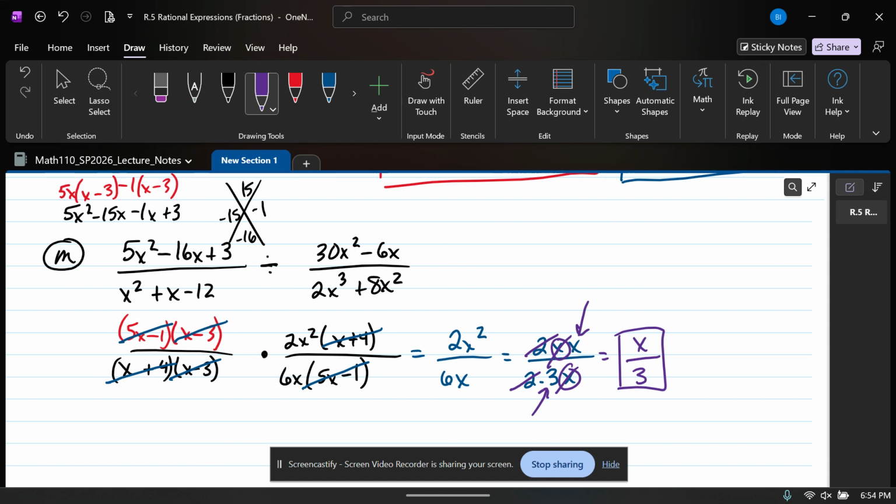Okay. All right. So regular simplifying: factoring, simplify the fraction. When do you find domain again? The very beginning. Before you start simplifying stuff, get the denominator equal to 0.